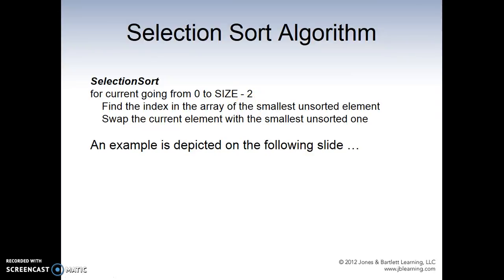It's just by itself, we don't have to sort it. So that's why minus 2. And first, what we need to do is find the index of the array that holds the smallest value and swap the current element with the smallest unsorted one. And just go through that with a loop.